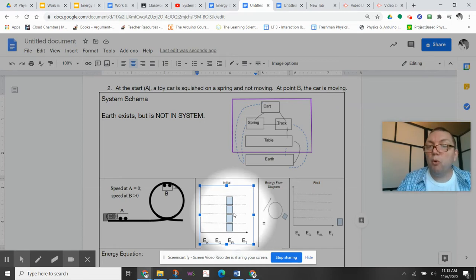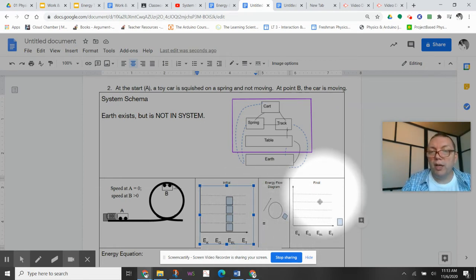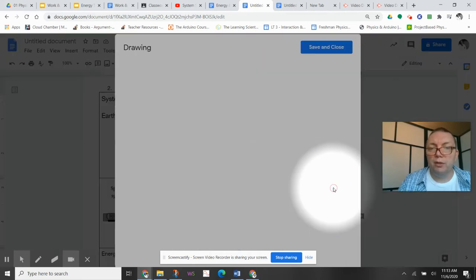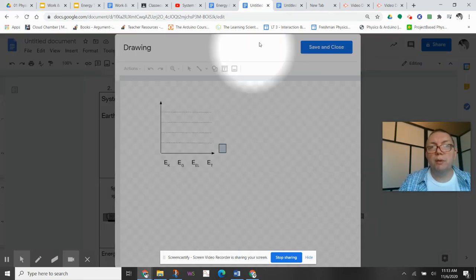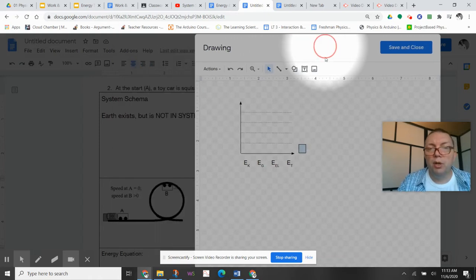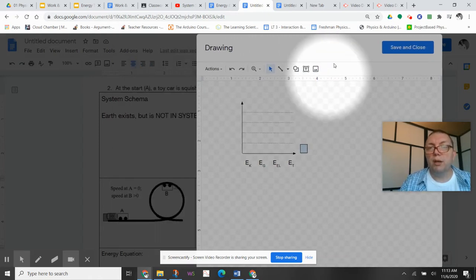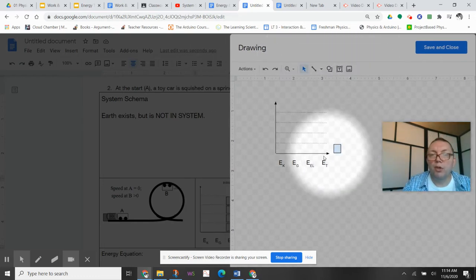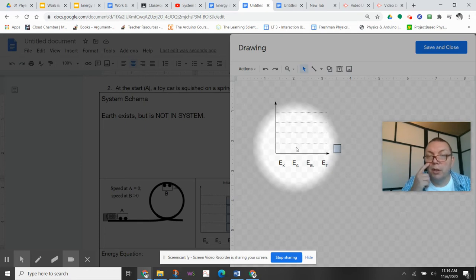Like before, now I'm going to switch to the final case, looking at the cart here. When I look at the final case, position B, we've got some other things going on again. Remember, the Earth is outside of our system. So if the Earth is outside of our system, there is no gravitational energy.